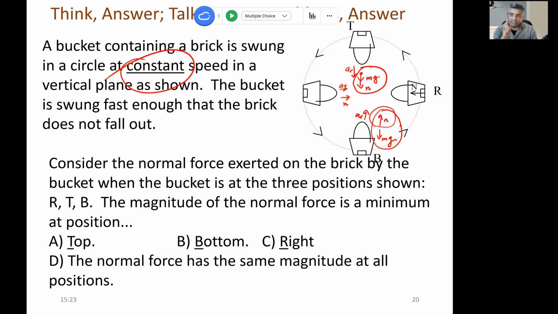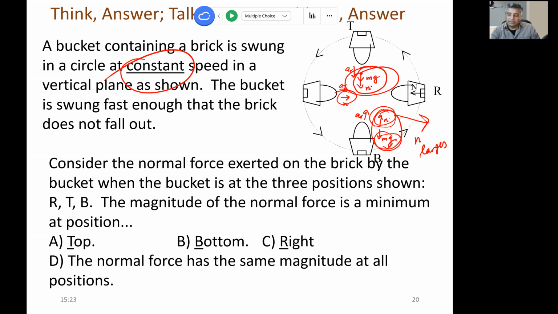Remember, only normal is acting towards the center. Over here, only normal. And here, normal has to even balance the mg, and only the difference can provide it. But over here, two of them are doing it. So it looks like normal is doing the hardest work over here, so at this point normal is going to be the largest, because normal had to balance the mg, and then the rest of it had to provide the speed.